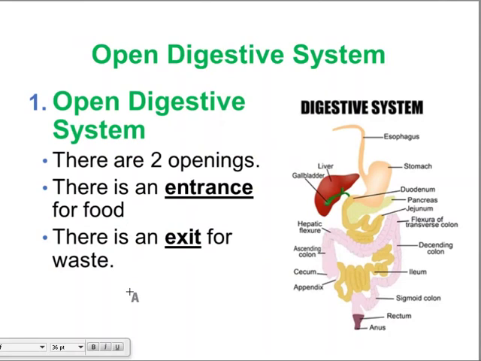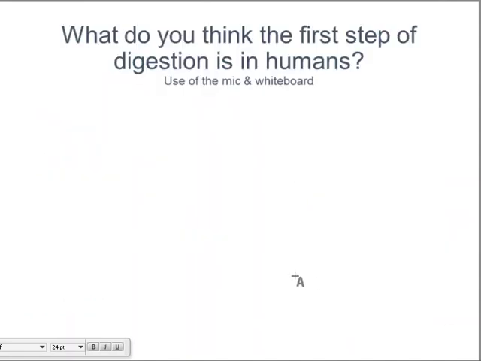There's an opening at the beginning of the process where you put the food in, and there's an opening at the end where the food exits out. For us, the entrance is the mouth, the exit is the rectum, anus, right? The poop chute. There you go. It's an open tube, basically. There are some things in between the mouth and the anus that we're going to talk about.